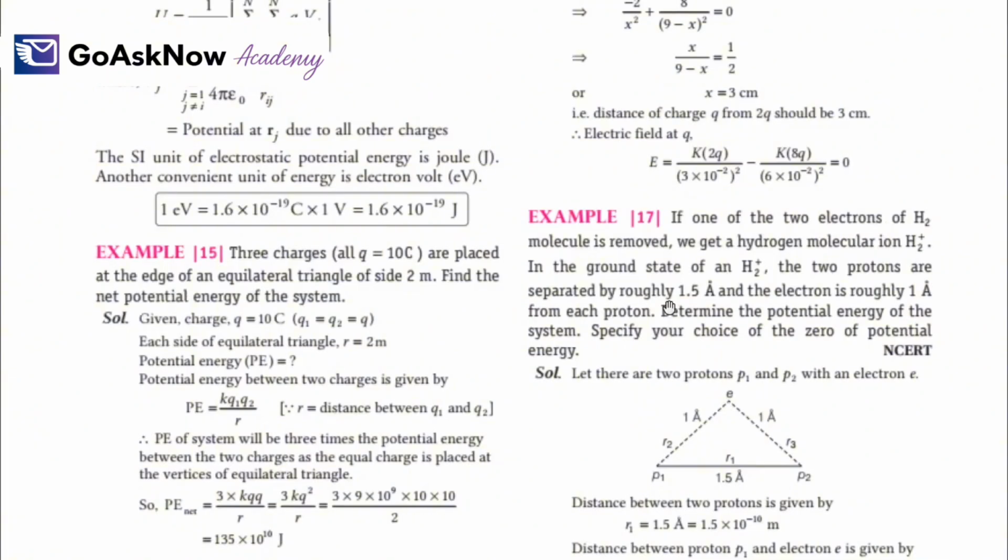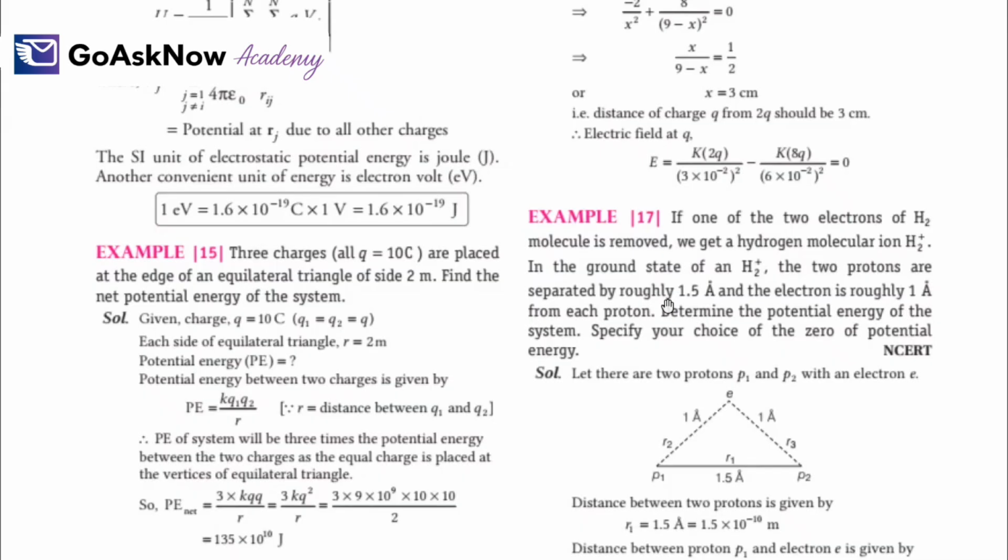In the ground state of an H2 plus, the two protons are separated by roughly 1.5 angstrom, and the electron is roughly 1 angstrom from each proton. So this is the distance between electron and proton. Determine the potential energy of the system. Specify your choice of the zero of potential energy.